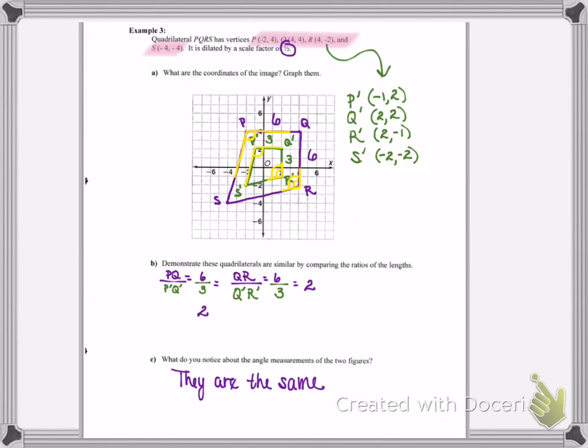And just a reminder back to 7th grade, similar figures have different side lengths, but they have equal angles or equal angle measure.